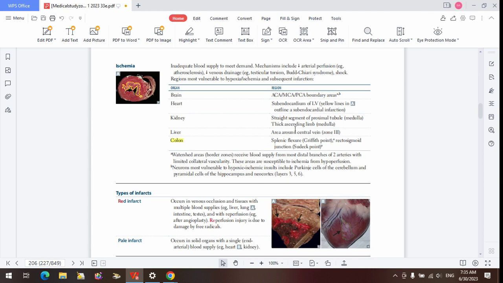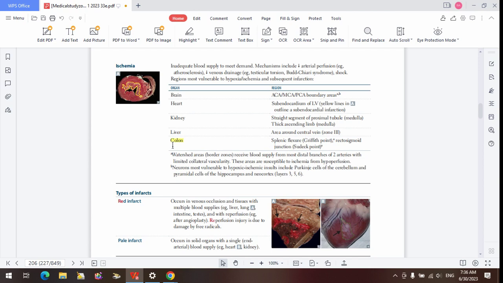Because the oxygen concentration in the medulla is relatively low compared to the cortex. So do you understand that? The straight segment of the proximal tubule and the thick ascending limb are the areas that absorb most sodium and chloride and the other electrolytes.